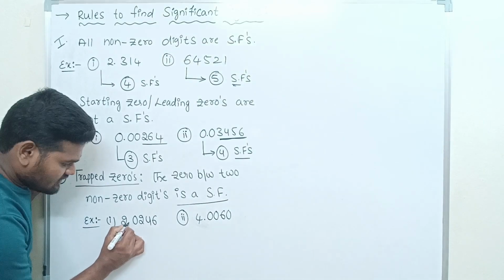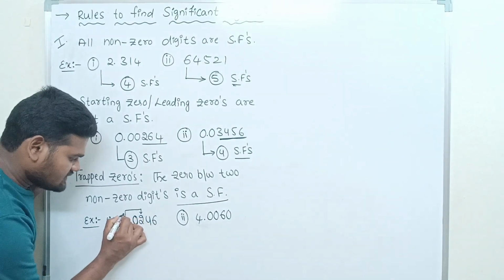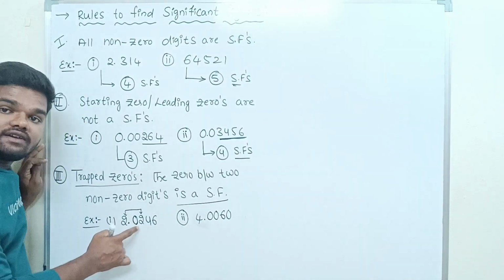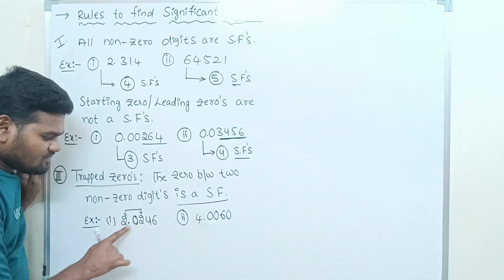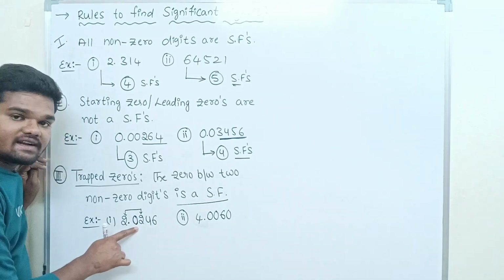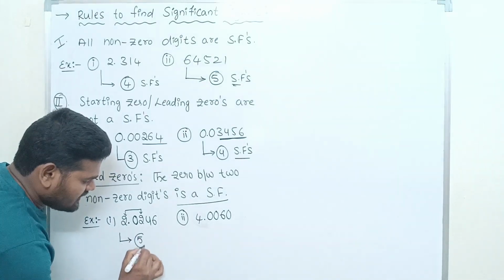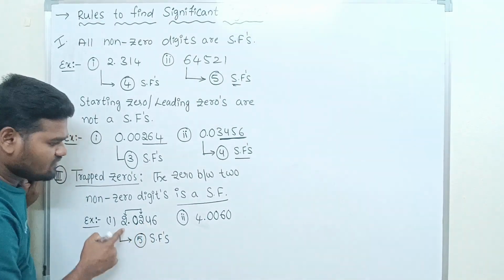Have a look. This zero is in between two non-zero digits, in between 2 and 2. So now it is also a significant figure. Therefore, this number has 4 non-zero digits and 1 trapped zero. So total how many significant figures are there? 5 significant figures: 1, 2, 3, 4, 5.